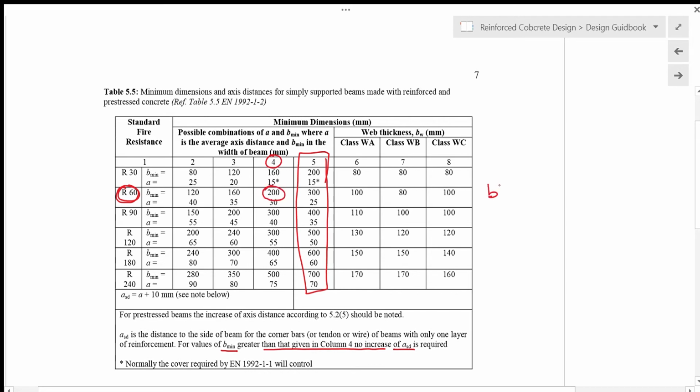But the dimension of our beam is 400 mm, which is more than 200 mm under column 4 here. Okay, so in this case, a_sd does not need to consider additional 10 mm. So in our design for this particular example, we do not need to increase the axis distance for a_sd.